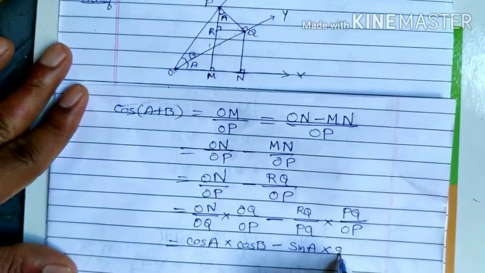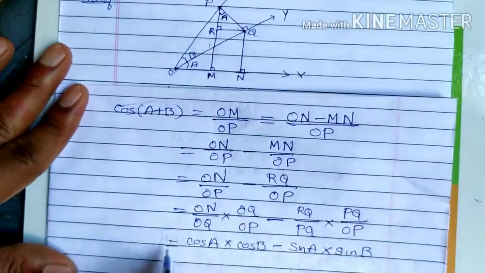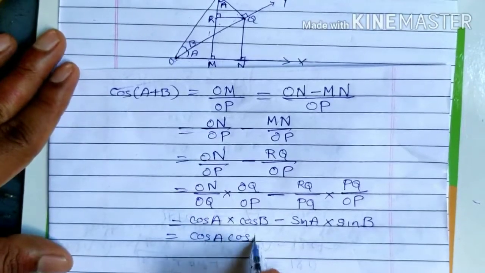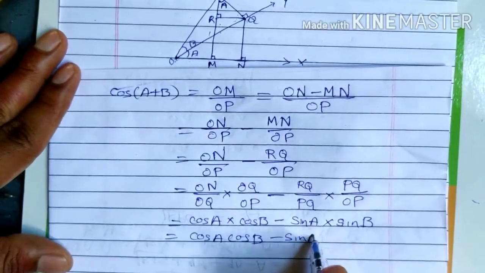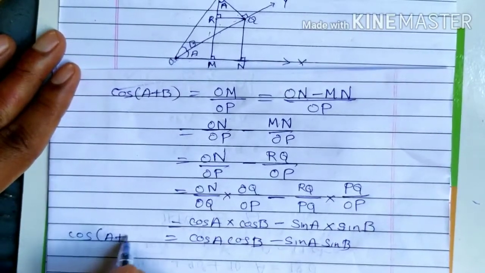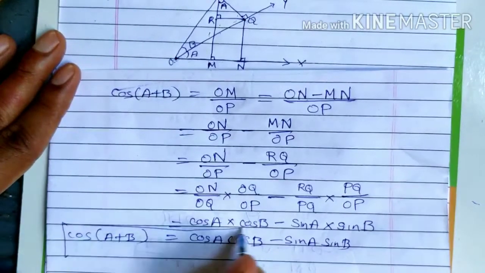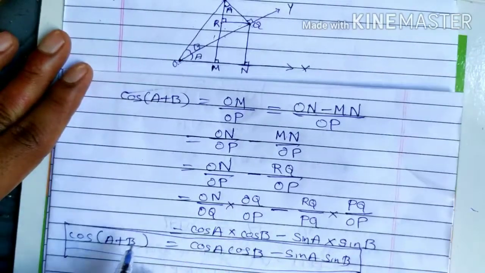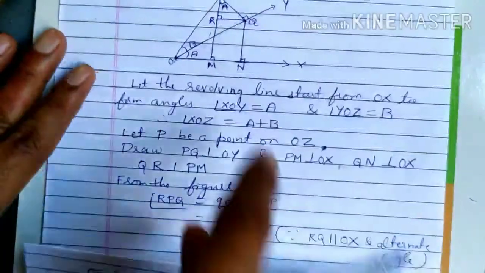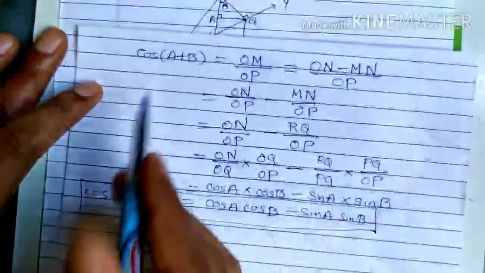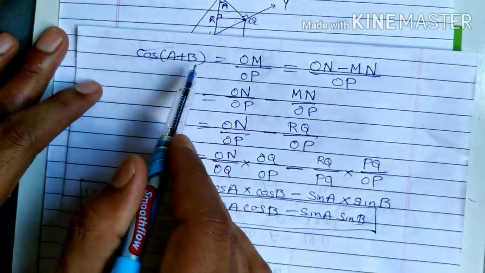So that is sin theta, B. So that is equal to cos A cos B minus sin A sin B, which is cos A plus B. So this is one more formula. If they ask you to prove this result, then you have to write this diagram and this explanation, and directly you can start from here. No need to write sin A plus B.